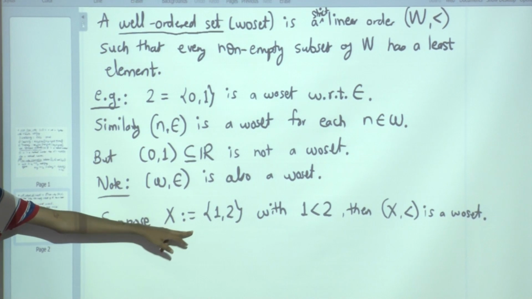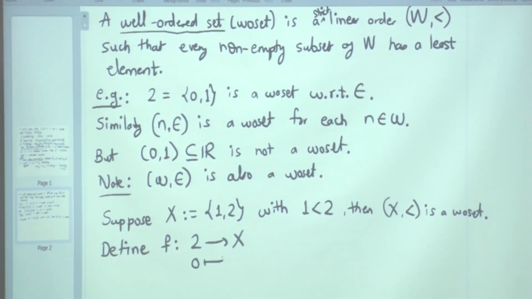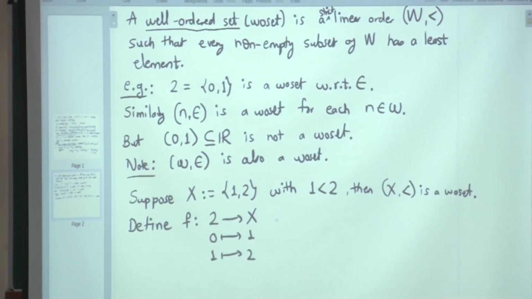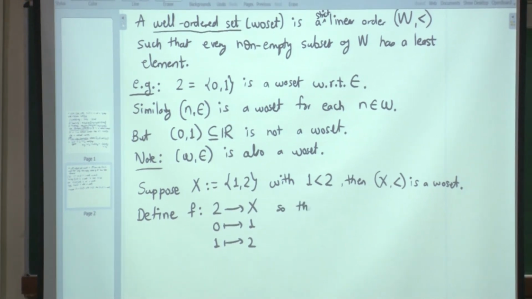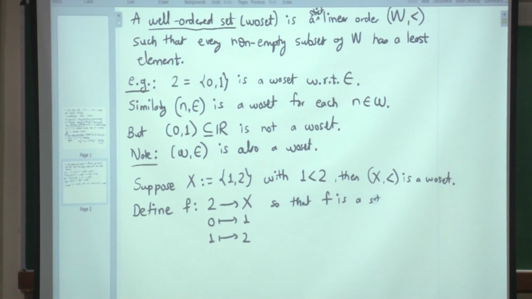X is isomorphic to {0, 1}, right? So define f from 2 to X, which sends 0 to 1 and 1 to 2, so that f is a strict linear order isomorphism.